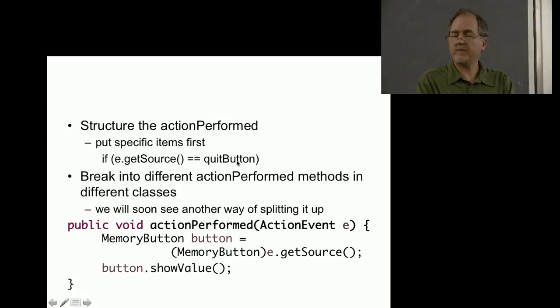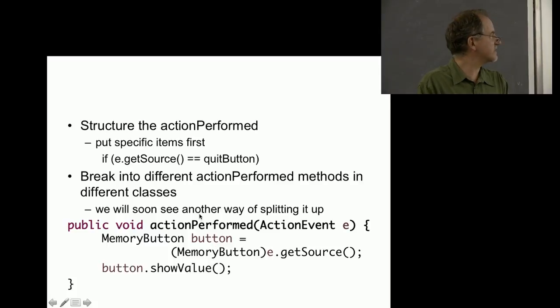If we had the quit button as an instance variable of the class, then we're keeping track of that quit button. And early on in that action listener, we could say if the source is equal to quit button, then frame.dispose. Otherwise, if there's only a quit button and memory buttons, and we know it's not a quit button anymore, we can just cast it to be a memory button at that point.